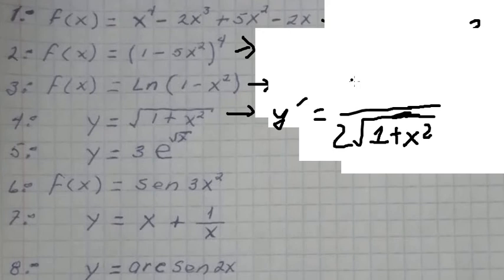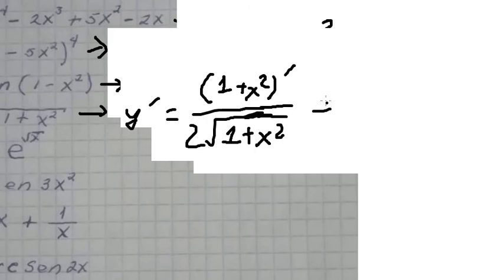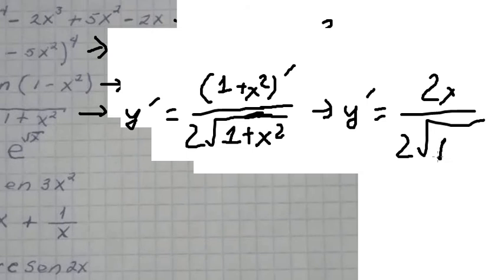We continue to take the first derivative of 1 plus s squared. And this one, we get 2s over 2 multiplied with the square root of 1 plus s squared. We simplify the number 2. And this is the answer for the question.